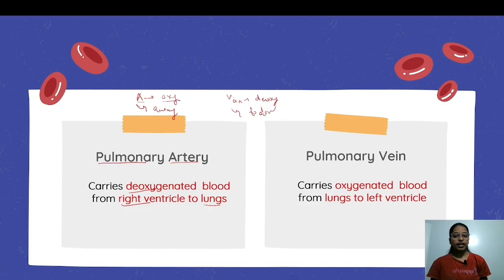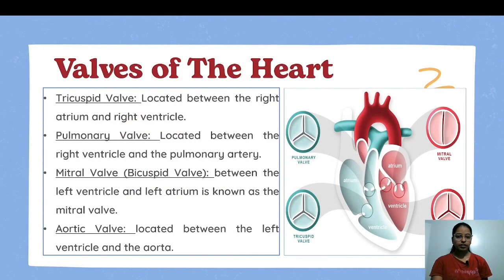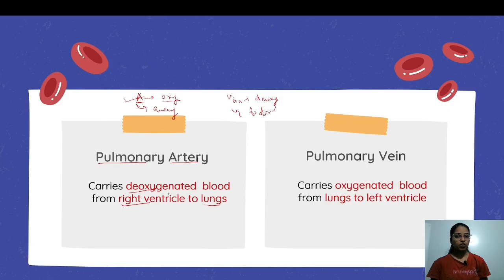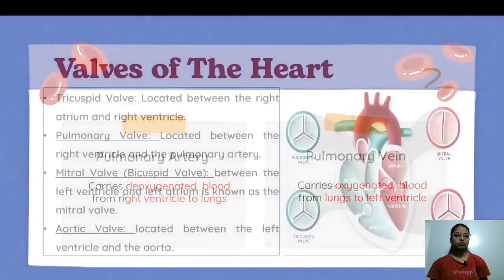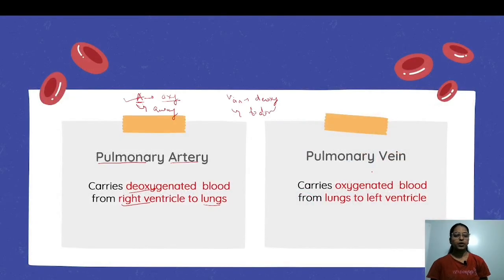That means it is opposite to whatever we have remembered. And the pulmonary vein carries oxygenated blood from the lungs to the left ventricle.